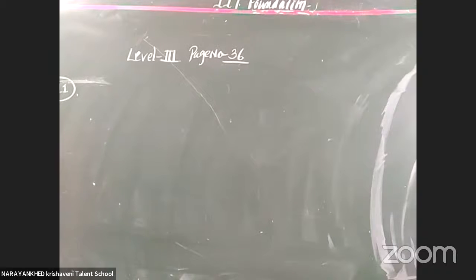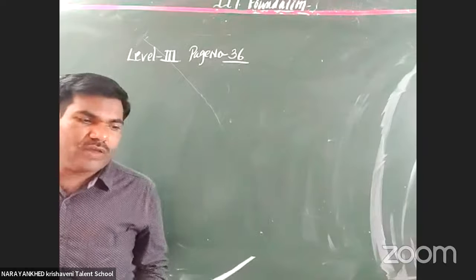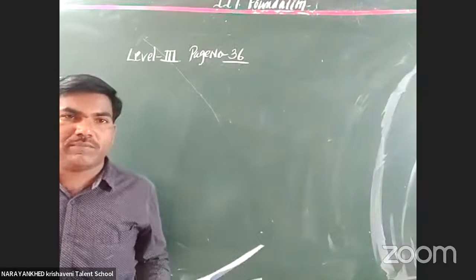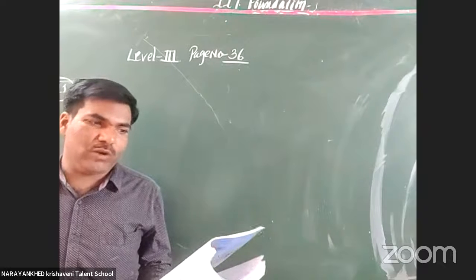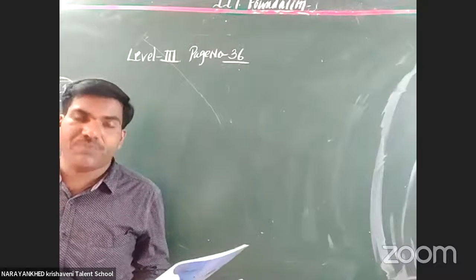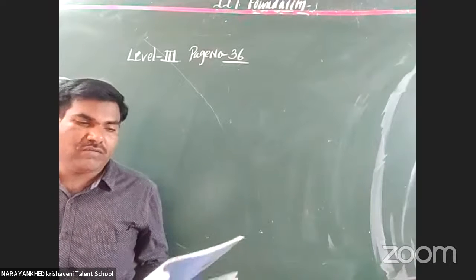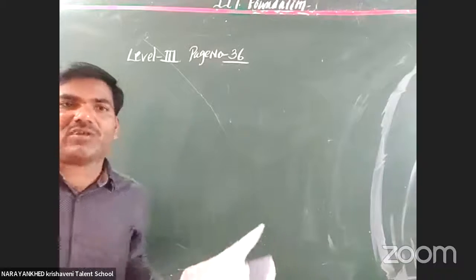What is the 11th question here? Which of the following is an example of a vector quantity? Temperature, velocity, volume, mass. Okay, all the students, how, sir?